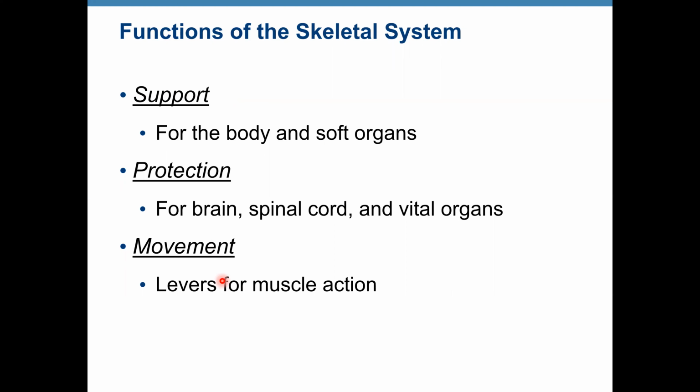Your bones are levers for muscle action. You can move because you have actually three systems. You have skeletal system, muscular system, and nervous system. Of course, it's not like other systems are not important, but movement is a pretty complex function that includes more than one body system.